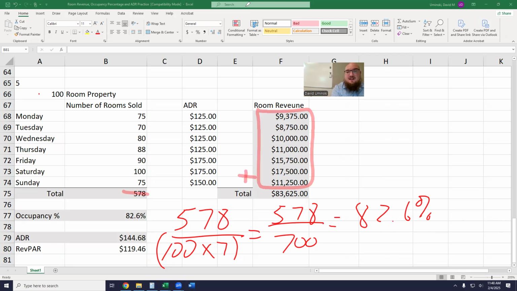We add those up to get our total revenue. So that part didn't change. That's the same thing as the previous problems. What did change is now we have 100 rooms, but for 1 week. So we're going to consider 700 as our total rooms available.